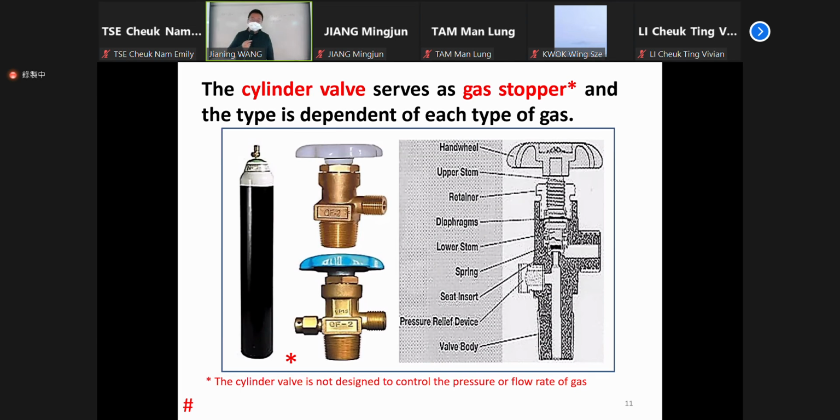Above the cylinder, there is a cylinder valve. This one just serves as a gas stopper, because you cannot regulate flow rate through this valve. You know there are screws here, but they just behave like on-off switches, so you cannot control their flow rate.